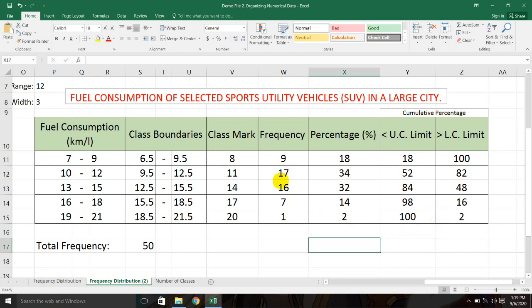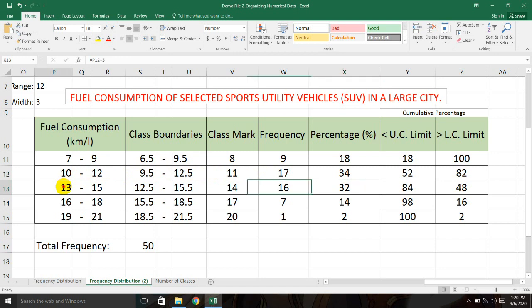We can see here that 34% of our samples said that they only get 10 to 12 kilometers per liter in city driving, which is normal, assuming these are coming from sports utility vehicles' consumption meter. So it's just right.